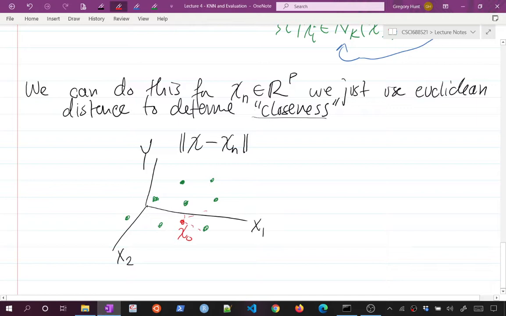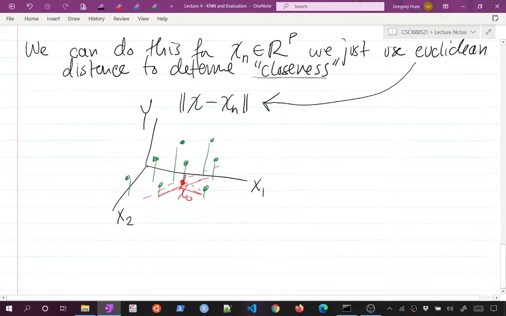I would look at the Euclidean distance of these points projected down onto the x1, x2 axes, and see which points are closest in the Euclidean sense. But it's the same thing. The y's are always one-dimensional, so we're good.